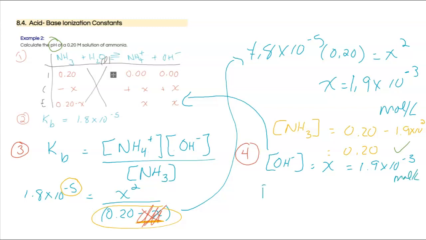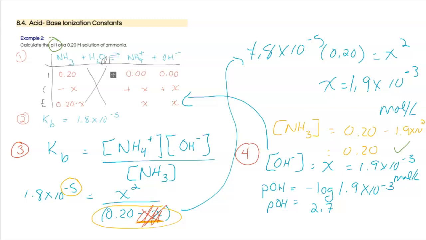That's going to allow me to find my pOH, which is going to be the negative log of that hydroxide ion concentration, 1.9 times 10 to the negative 3. So when I go ahead and do that, I get a value for pOH that is 2.7 roughly.